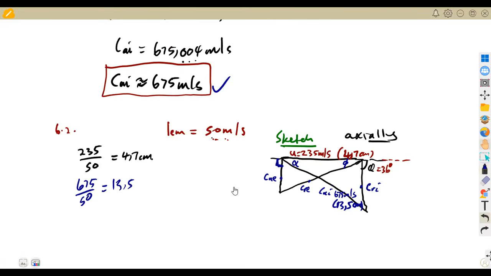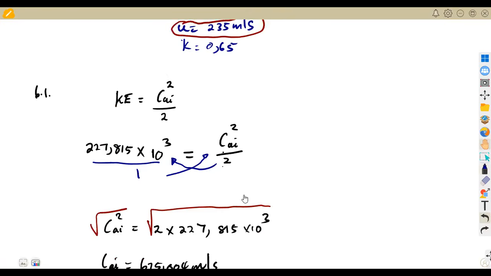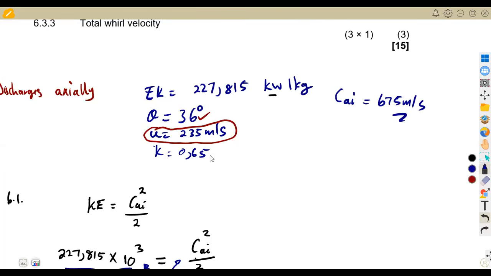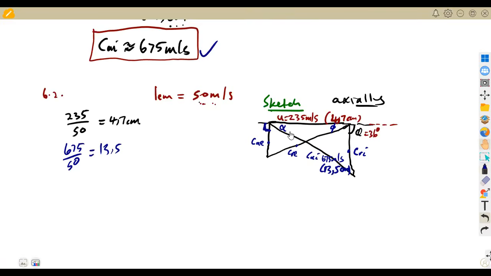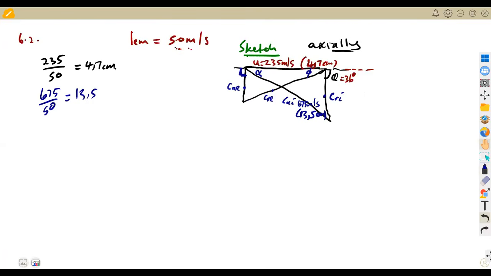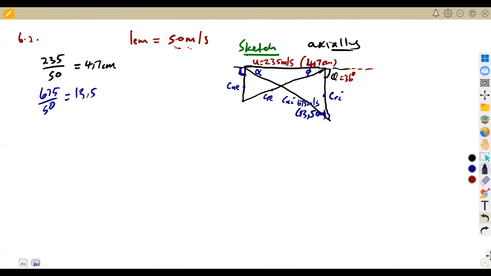We are also given the coefficient of friction, which is 0,65. Remember, I said there is a relationship between the coefficient of friction and the relative velocities at the inlet and exit. The coefficient of friction is equal to the exit relative velocity over the inlet relative velocity.